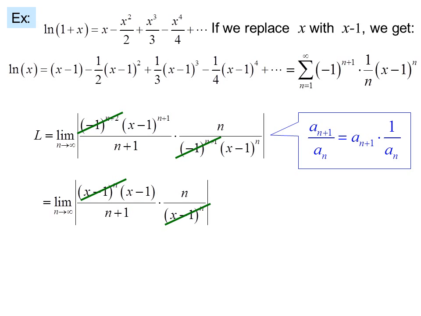Now we can cancel (x minus 1) to the n, giving us the limit as n goes to infinity, the absolute value of x minus 1 times n over n plus 1. As n goes to infinity, this 1 becomes insignificant, and so we have n over n, which can cancel, and we're left with the absolute value of x minus 1.